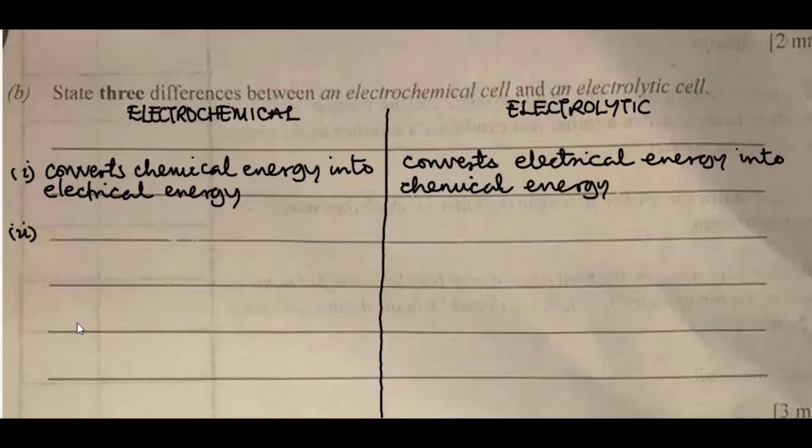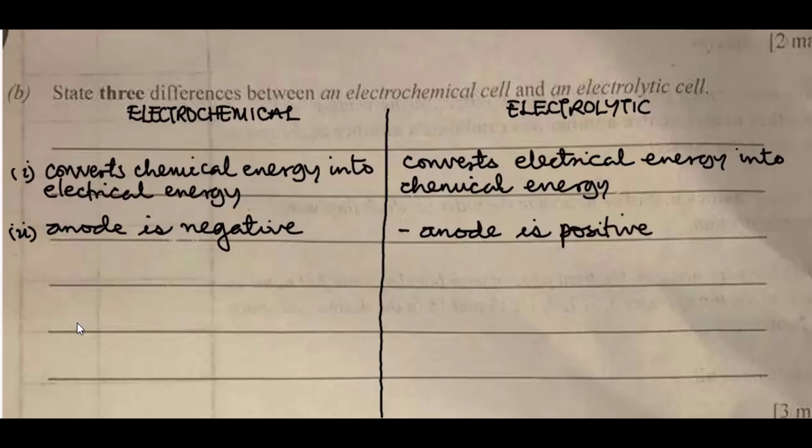In electrochemical cell, the anode is negative, whereas in the electrolytic cell, the anode is positive. The anode is the electrode at which oxidation occurs.